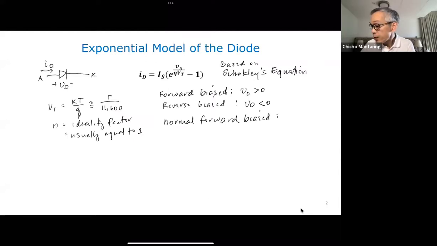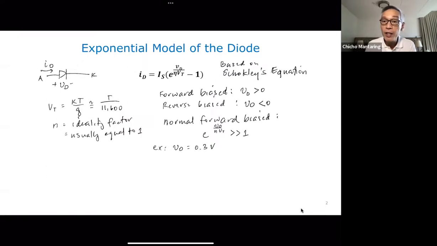e to the V_D over eta V_T will usually be very much greater than 1. No? And if you, for example, let's say V_D is equal to 0.3 volts.